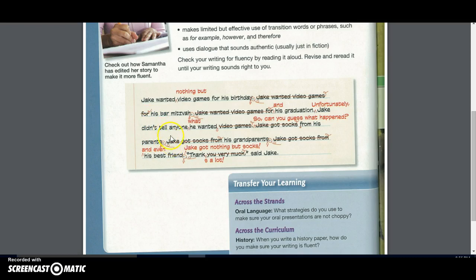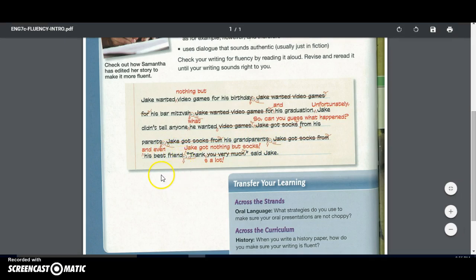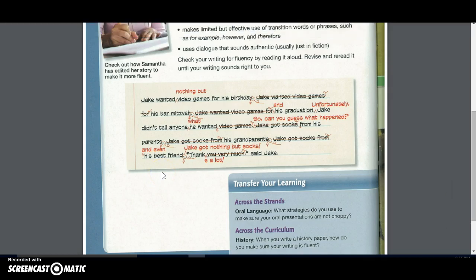If you say the last part of a sentence first, it doesn't make sense on its own. So, from his parents. From his parents what? From his grandparents. And even his best friend. If you just said that, you'd be like, well, from his parents and his grandparents and his best friend what? It's incomplete. The last part of the sentence says, he got nothing but socks.